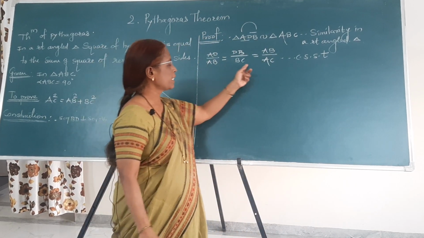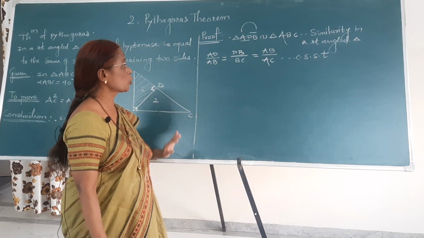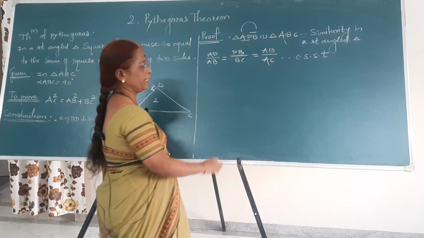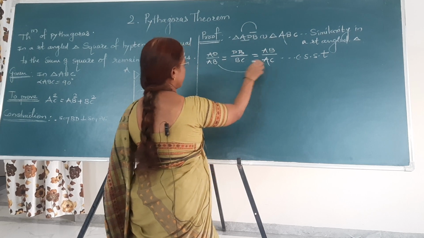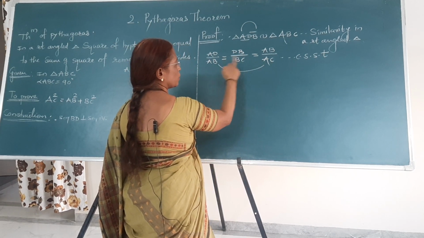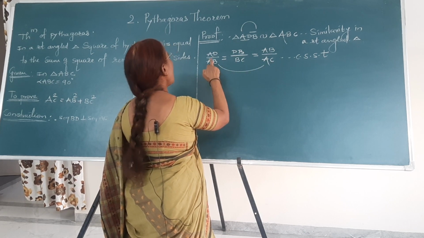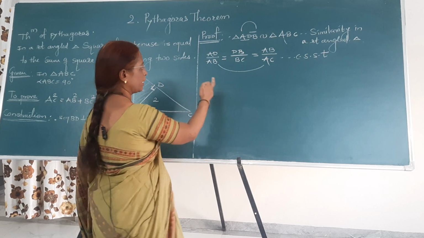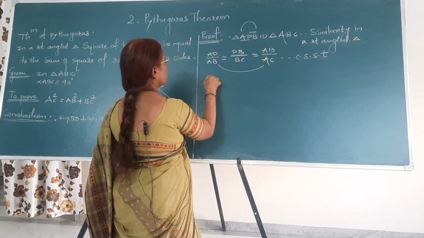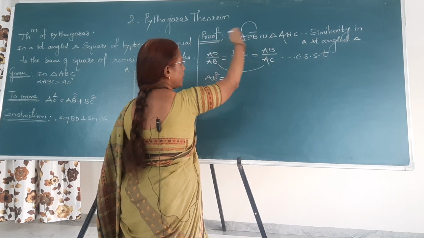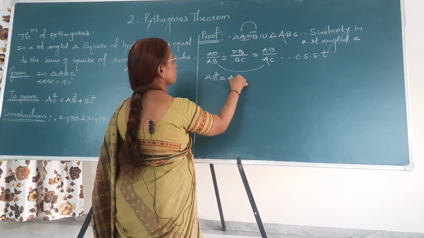Now out of these three ratios, we have to choose two ratios where there is a repetition. So I think here the first and the last ratio, if I consider these two, I get AB and AB, and now we have to do cross multiplication. So in the crossing you will have AB square is equal to AD into AC.